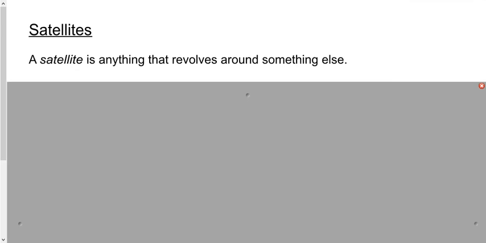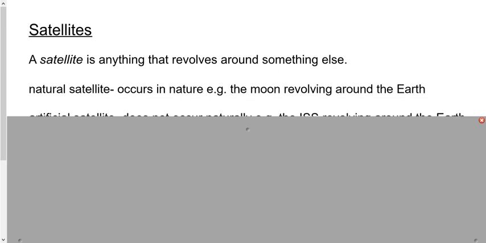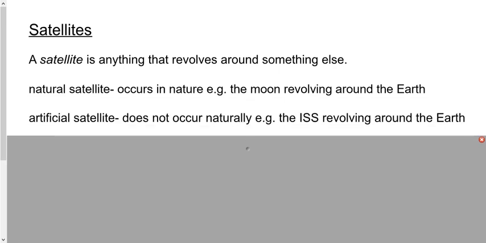So we're going to say, in general, a satellite is anything that orbits around something else, or anything that revolves around something else. But we're going to specifically talk about the satellites that orbit around something else due to gravity. We're going to look at natural satellites and artificial satellites. In the end, the analysis is no different, whether you've got a natural or an artificial satellite.